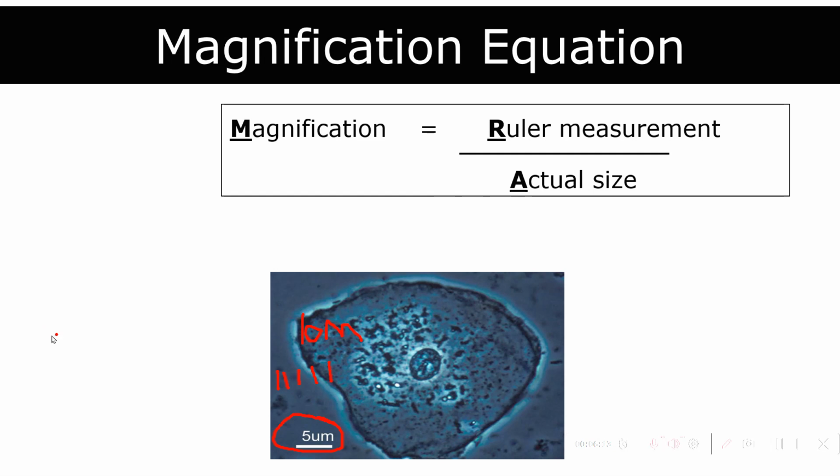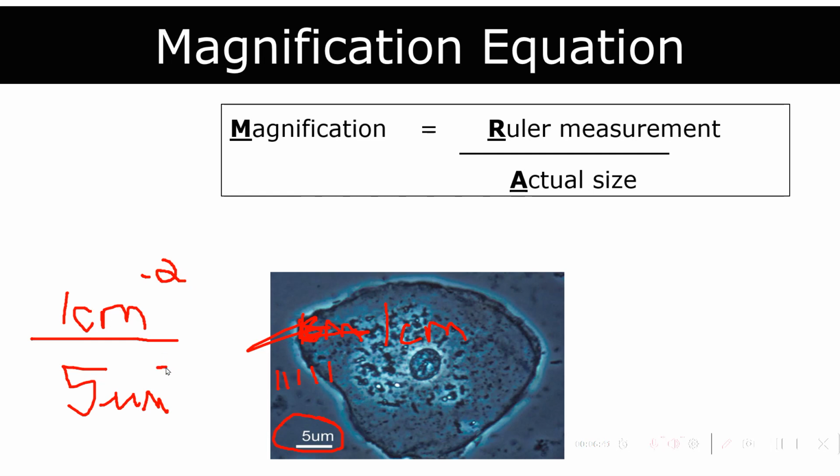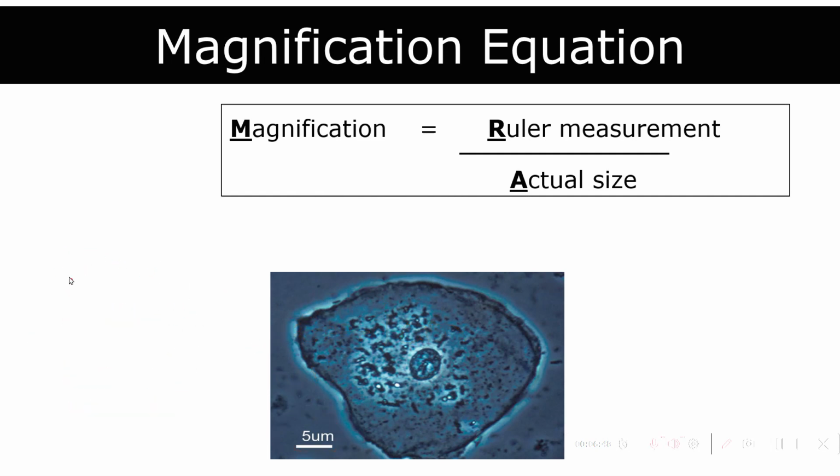How I would fill in this equation is I would put the number I know, my actual size, 5 micrometers. And then I would have my measured size, the one that I have with my ruler, let's say that's 1 centimeter. And remember to calculate the magnification, these are not equivalent, so I have to convert my top number, which is in centimeters, to my bottom number, which is in micrometers. I take the difference between them, so 2 minus 6 is -4.